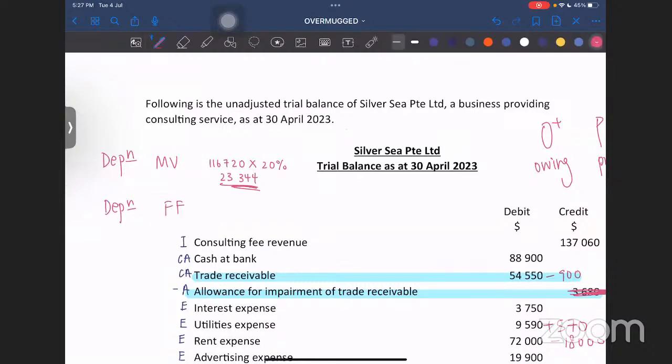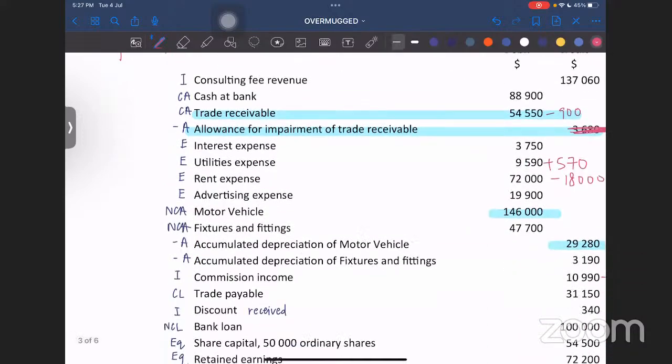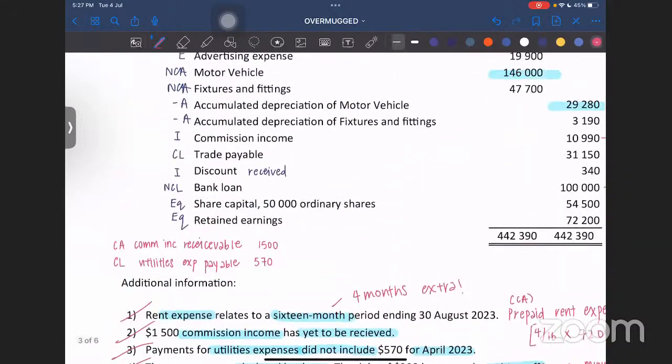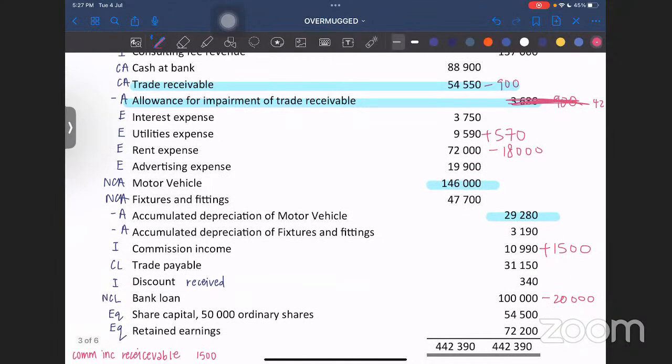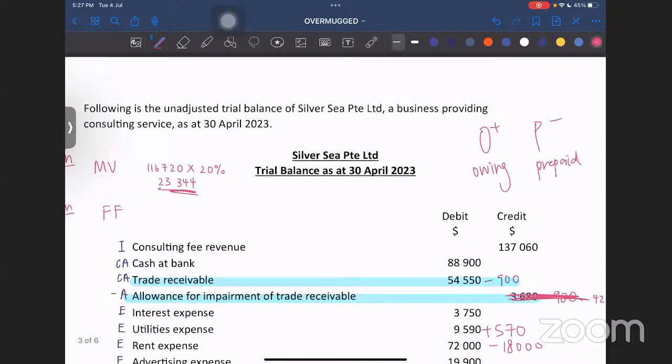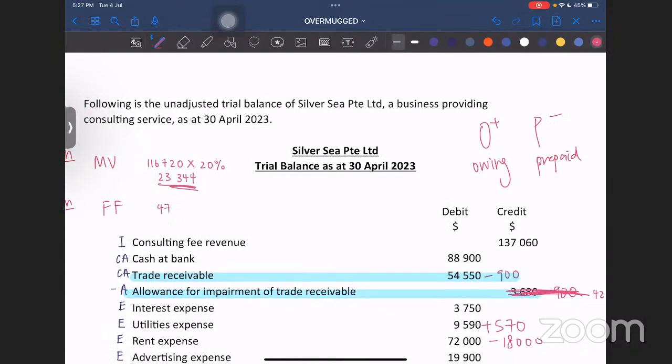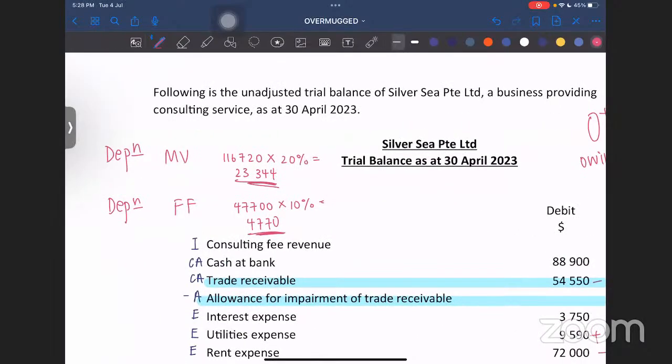Okay, fixtures fitting is on cost. So I will just simply take 10% multiply by this amount, 47700. Okay, so these two will be my depreciation.